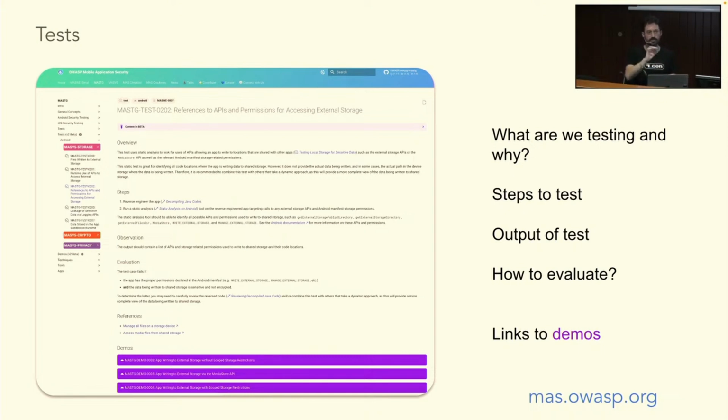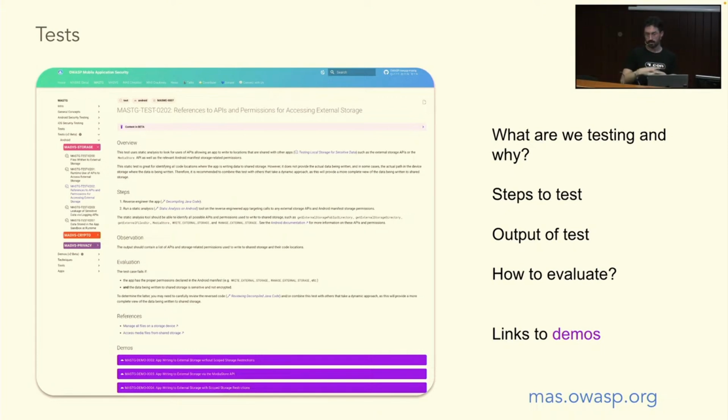It's going to talk about the specific APIs that you need to select, the specific features that exist in iOS and Android. So this is much more specific, and then it gives you steps that you can follow, 1, 2, 3, and then you will get an output. That's called the observation. And then in the end, it explains how to evaluate and get an answer. Is the app vulnerable to this or not? And then it has some links to demos.